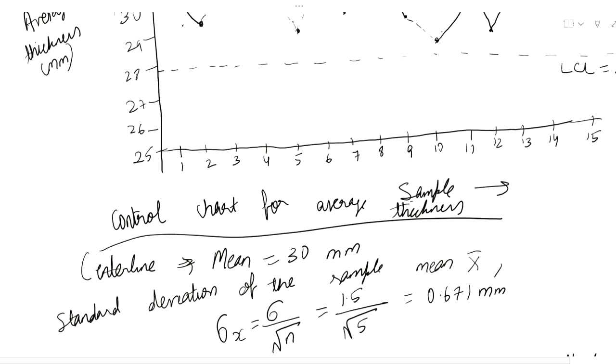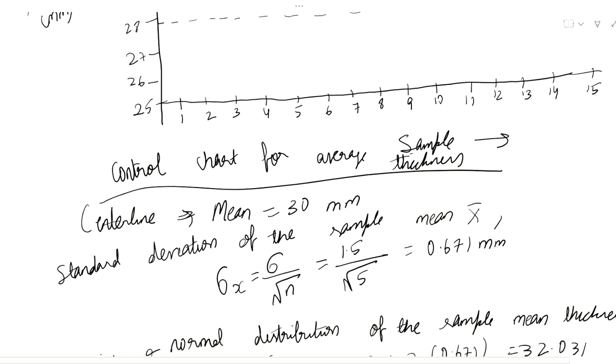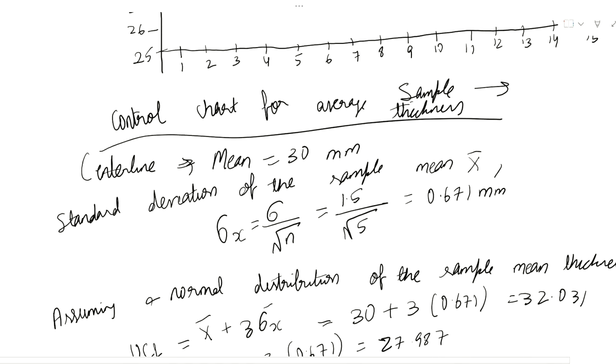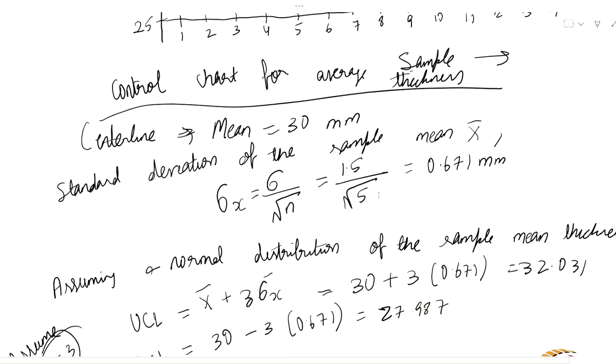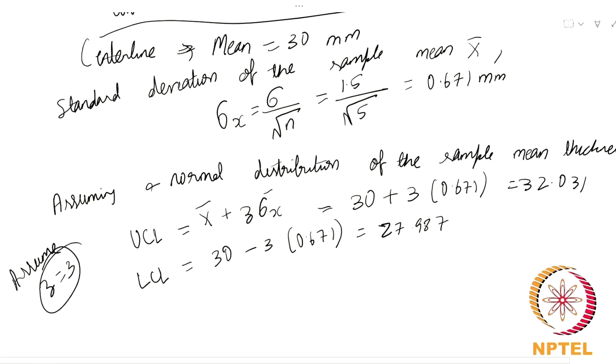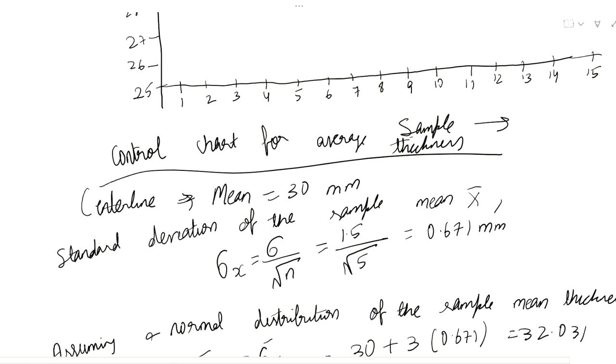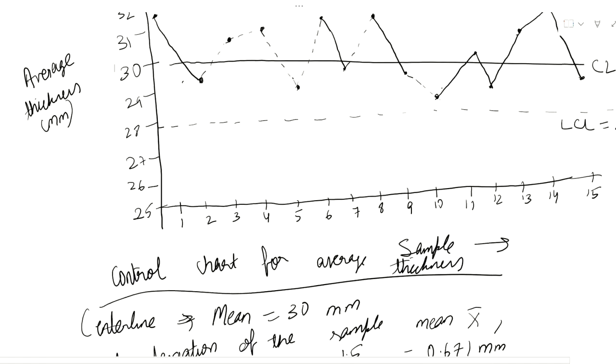So first we found the standard deviation for the sample mean X bar, for which we took the sample standard deviation divided by root over n. After that we found the upper control limit and lower control limit, and we already knew the mean.